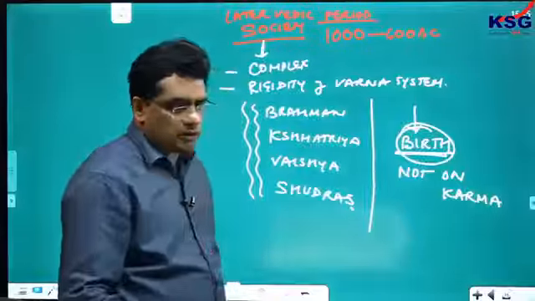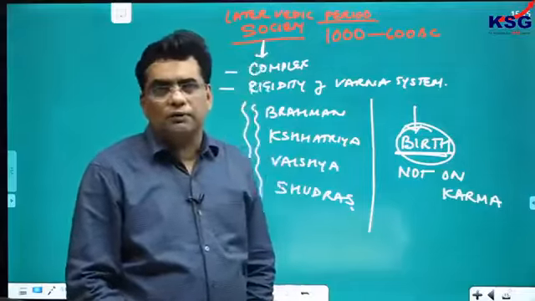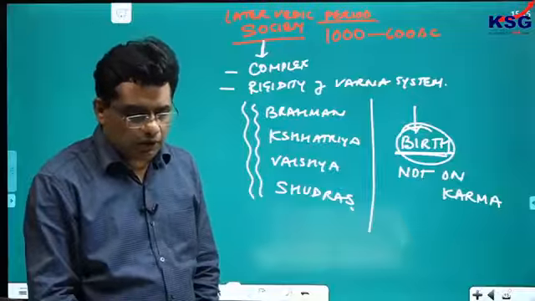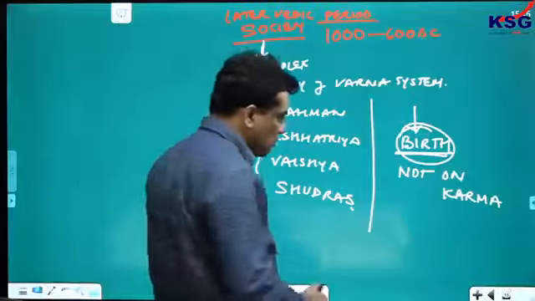Varna was decided on the basis of birth. If you are born a Brahmana, you will die a Brahmana. So Varna was decided on the basis of birth and not on karma.